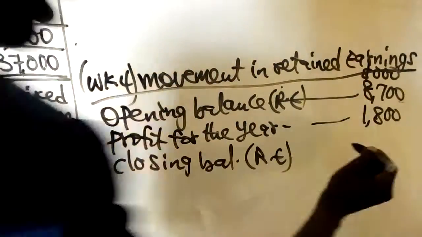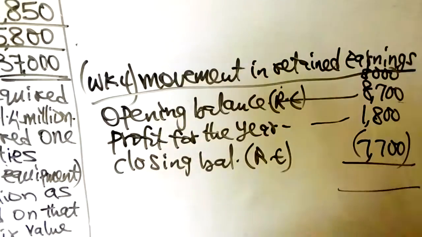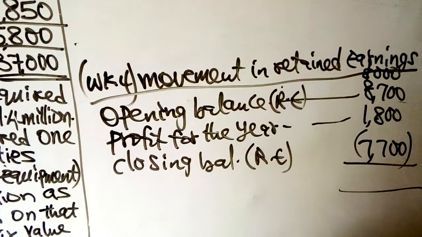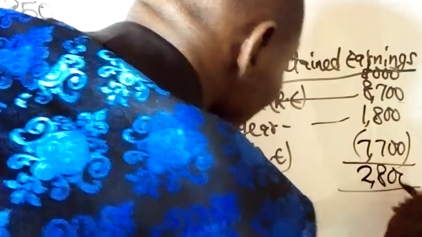We have 8,700 plus 1,800 minus 7,700. Then you have 2,800.